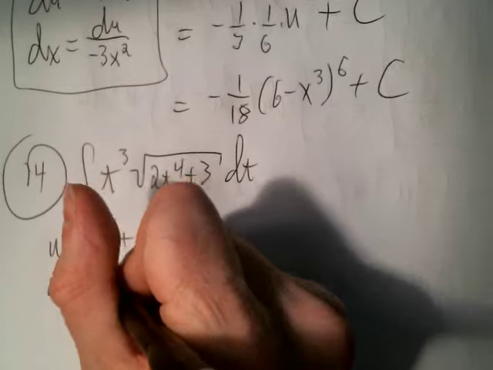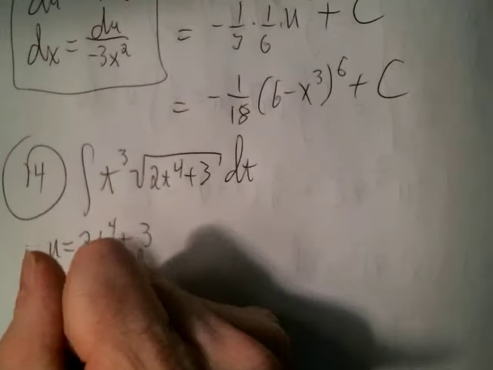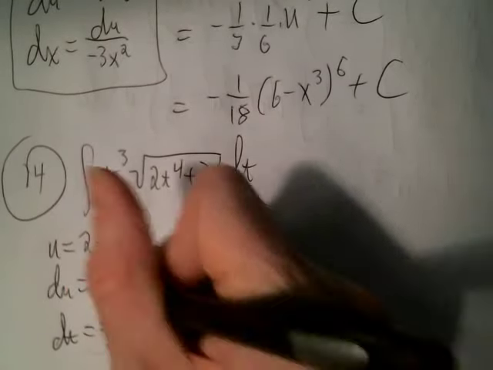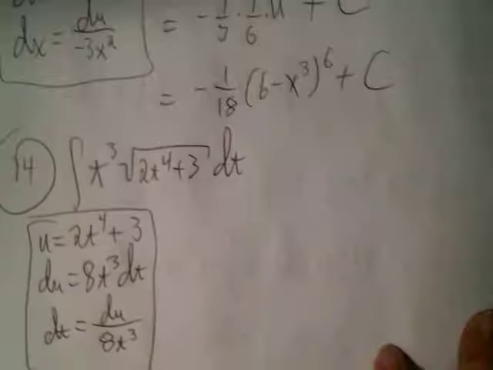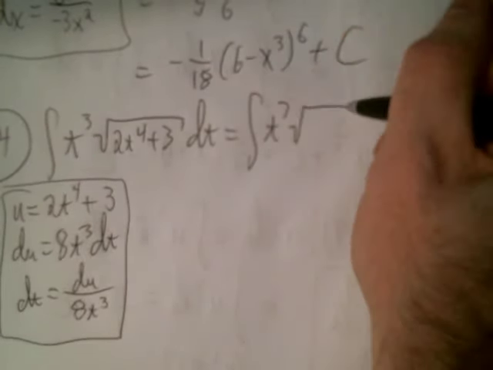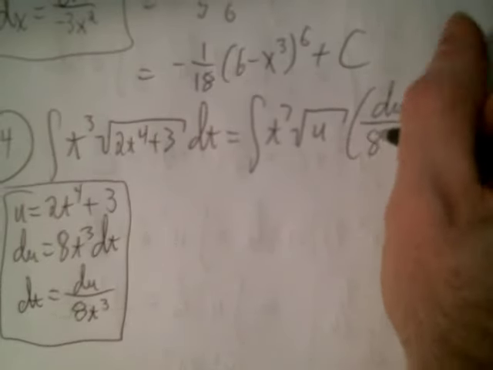So du is 8t cubed dt. And then dt will be du all over 8t cubed. So I replace the stuff inside the square root with u, and then dt is now du all over 8t cubed.